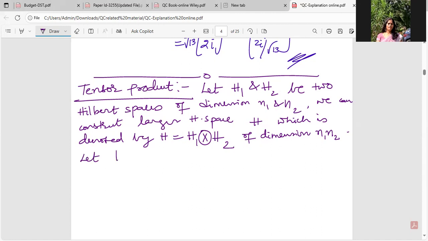Let ket phi 1 belong to H1 and ket phi 2 belong to H2.